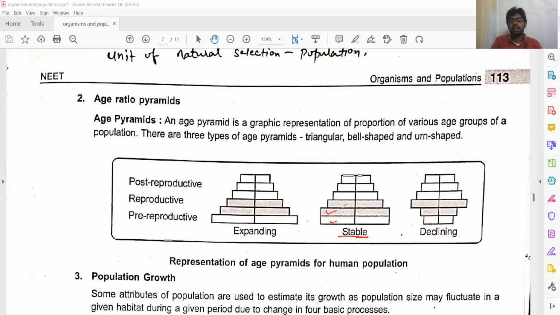And the next one is declining population. In this declining population, what you see is it is urn shaped. Now, what is urn? Urn is a vessel which is like this. What you see here is urn is thicker in the middle and narrower towards both bases, isn't it? So, like this. Look at this.